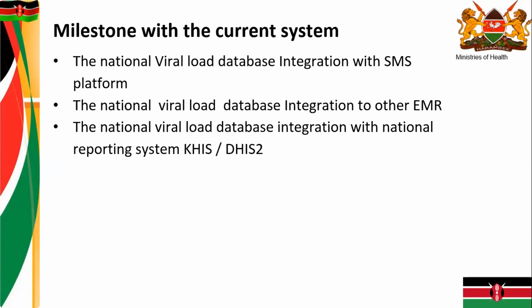It has also been integrated with the national EMR system for exchange of information, and this eases care and management of the clients by the clinicians offering the services at the facility level. And as I said earlier, we've also integrated it with the national reporting system, KHIS, formerly called DHIS2, for purposes of providing data that will be used to make some of the calculations, especially around the 90-90-90 cascade.